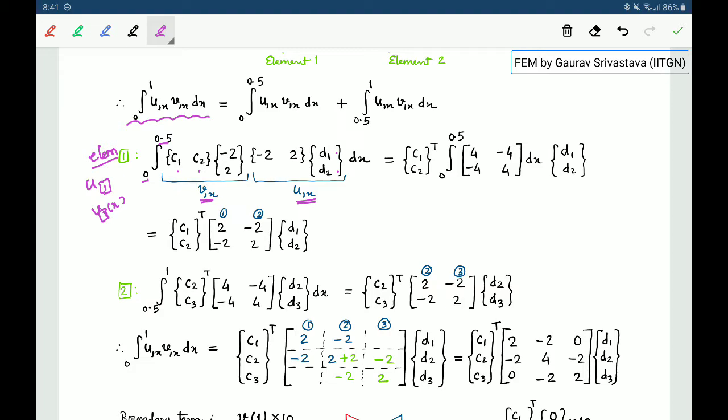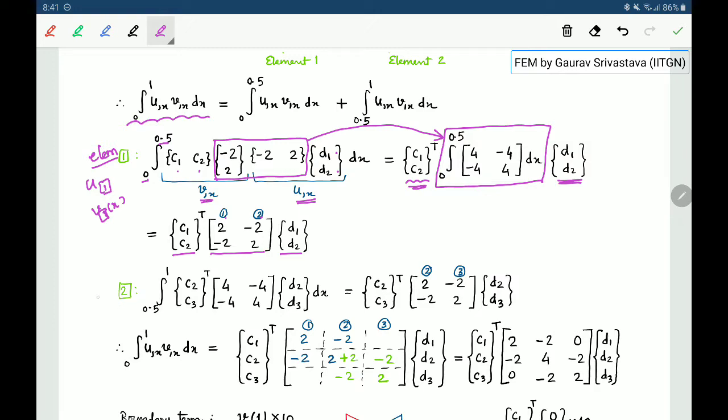So basically this can be recast taking this c1 c2 transpose outside the integral because it doesn't depend on x, and within the integral we have this part. So this matrix comes because of the multiplication of these two vectors. And c1 c2 comes out common on the left and d1 d2 comes out common on the right. So basically we have c1 c2 times this matrix, which is defined for two nodes 1 and 2, times d1 d2.